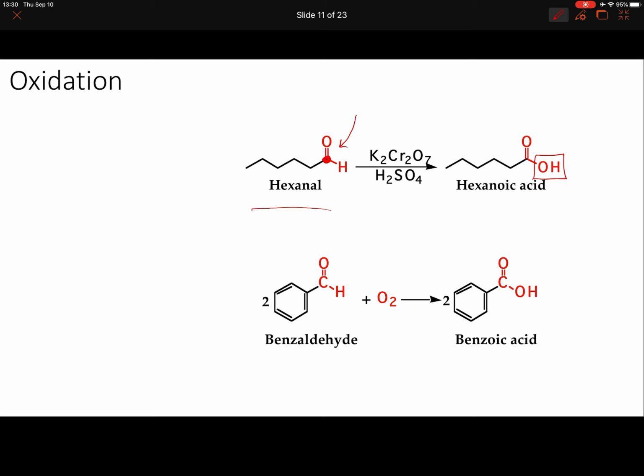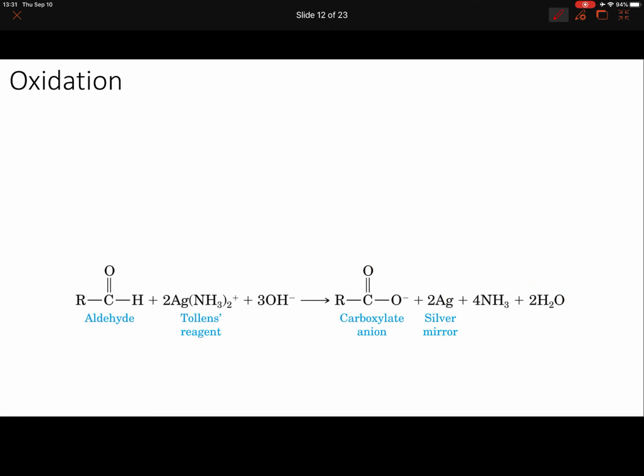Liquid aldehydes are so sensitive to oxidation, actually, by just oxygen in the air, that they have to be protected from contact with the air during storage. If you have benzaldehyde, which is that oil of cinnamon, and you expose it to air, it quickly and very easily oxidizes into benzoic acid, which loses all that cinnamon smell and taste. Ketones resist oxidation by most oxidizing agents, including potassium dichromate and molecular oxygen.